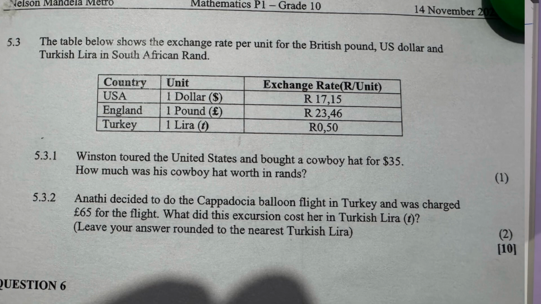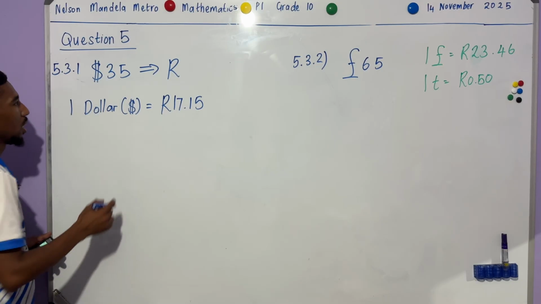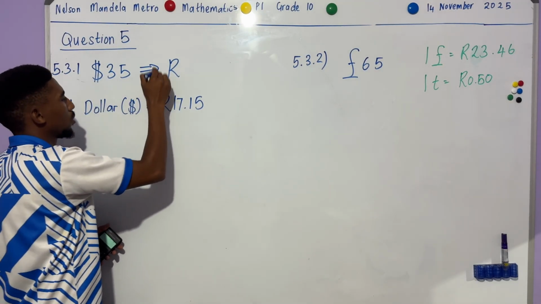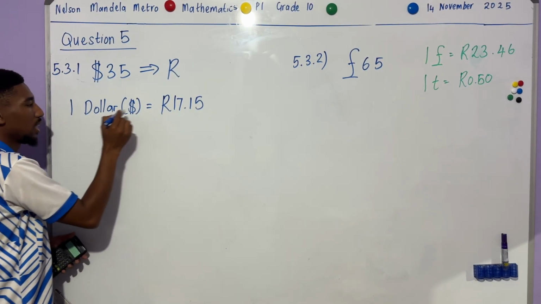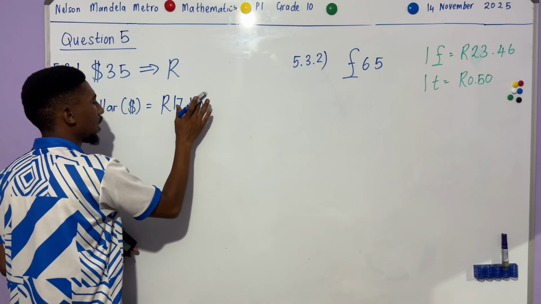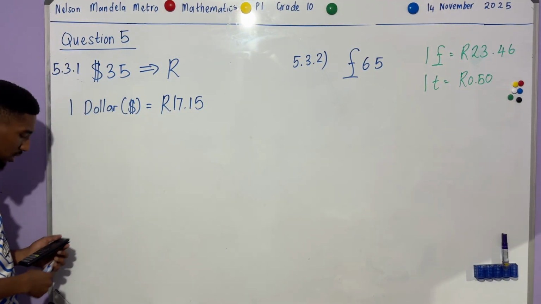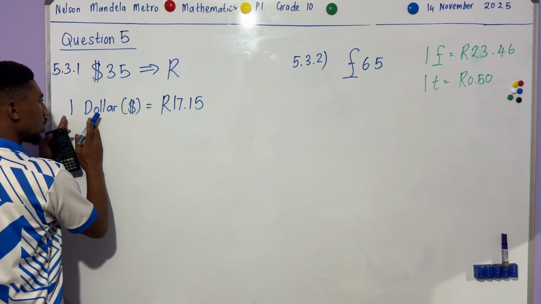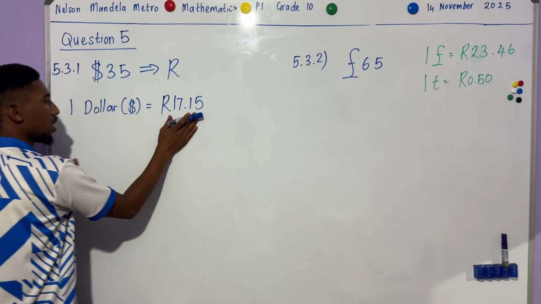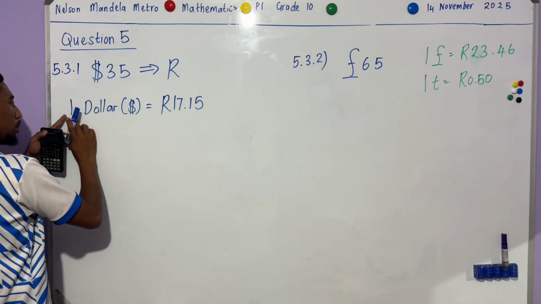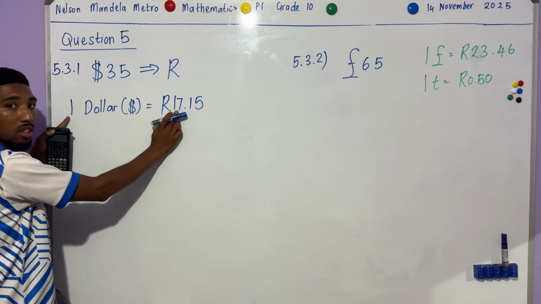Again, I've dissected the important information we need from that table and question there. $35, we want to know how much it will cost in rand. Now, our conversion is $1 is equal to 17.15. So I ask myself, to go from $1 to rand, I see that I need to multiply. I have to multiply this 1 to get to 17.